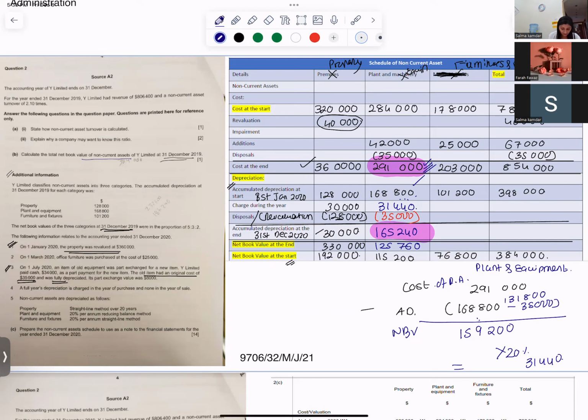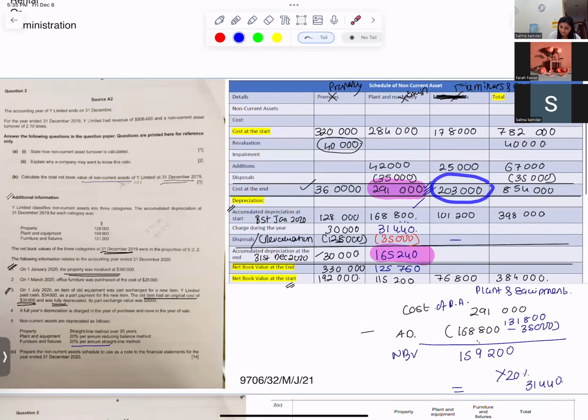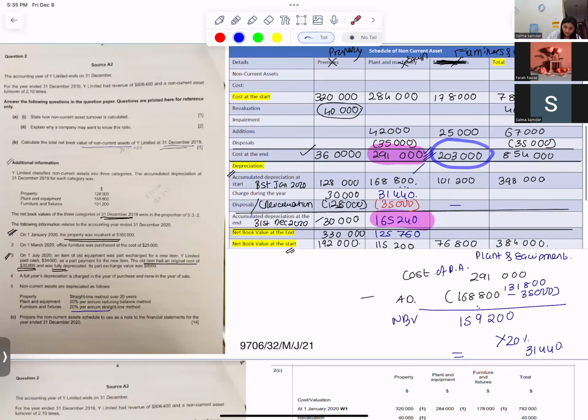Now for furniture and fixtures, it is 20% on straight line method. So 203,000 into 20% is 40,600.